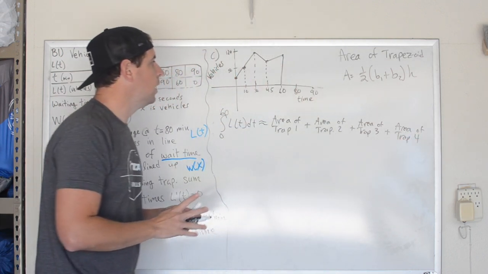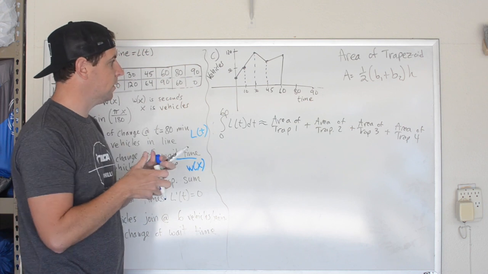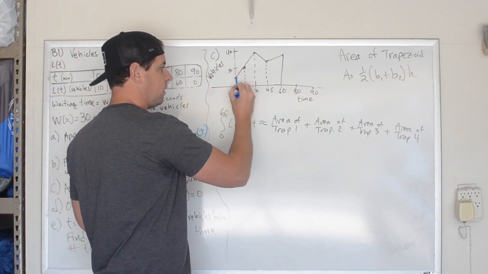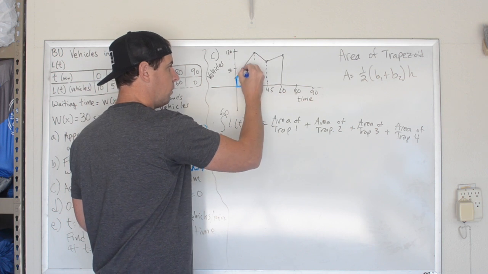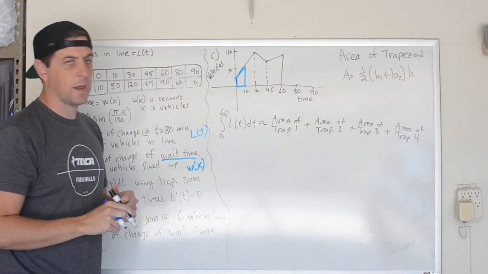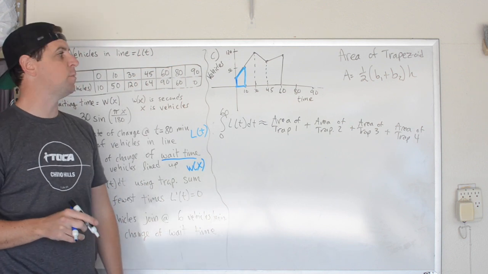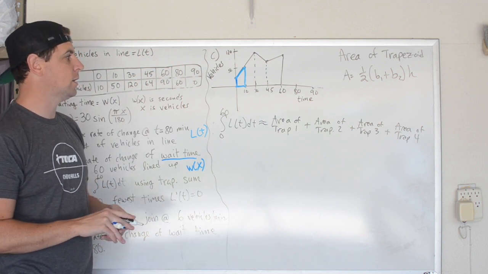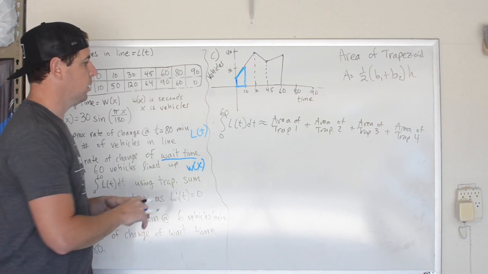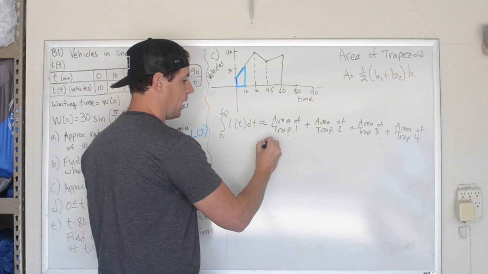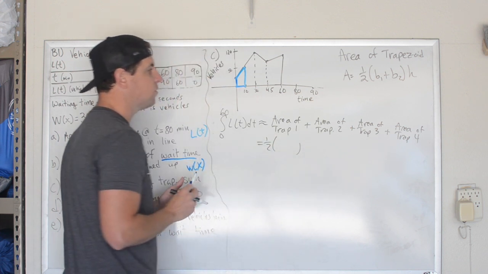Now remember, the way that these trapezoids are going to look, my trapezoid for the first one is this trapezoid right here. And for this trapezoid, we need to use the trapezoidal formula, which is 1/2 base 1 plus base 2 times h, the height. So we're going to write this as 1/2 base 1 and base 2.